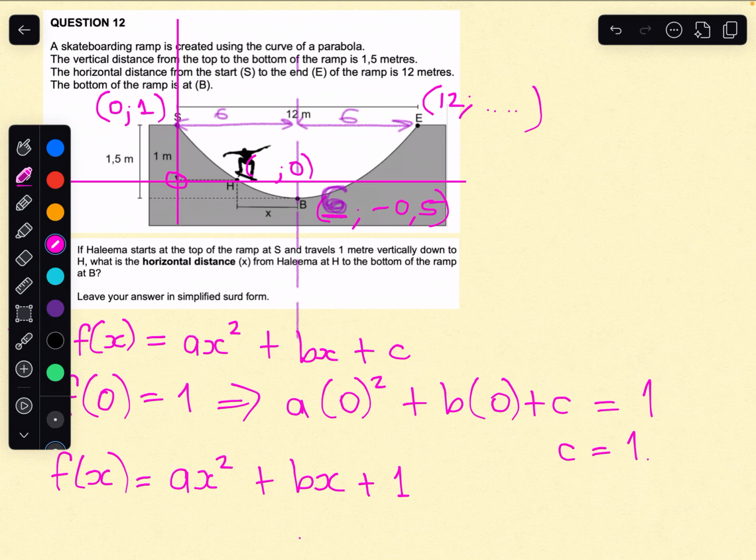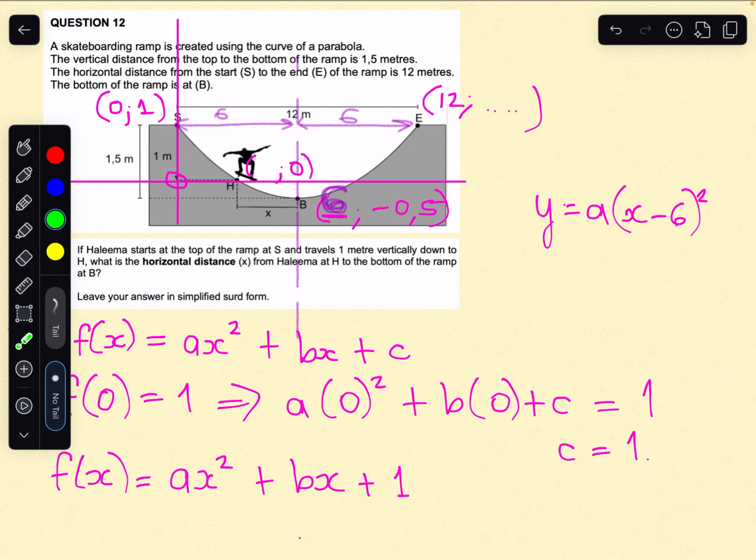So then you would be able to use the form y is equal to a, so it would have been this, and you would have known that it's a parabola that hasn't moved up or down, so you don't have a plus anything element here. Then you would just need to figure out the a, which you could do using the coordinates of s. So it would have saved you a lot of work to put the x-axis there.